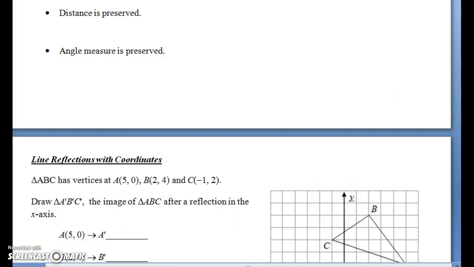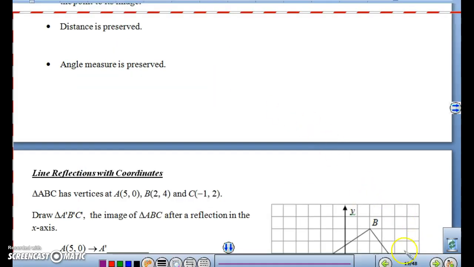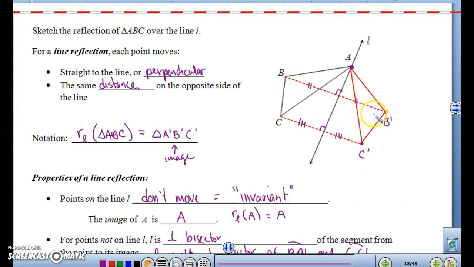Now the other two properties that we deal with in line reflection are distance and angle measure. Distance means the size of the figure that you have. When we did the reflection of the triangle, here's the triangle that we reflected. Did the triangle change size? Not at all. AB ended up the same distance as AB prime. BC is the same as BC prime, and AC and AC prime are the same.